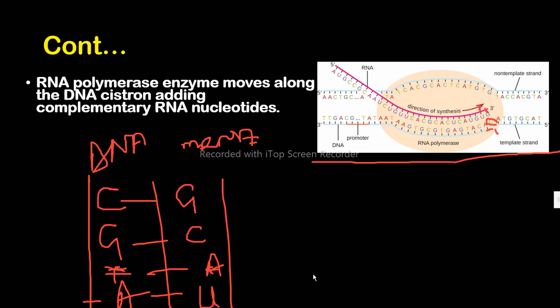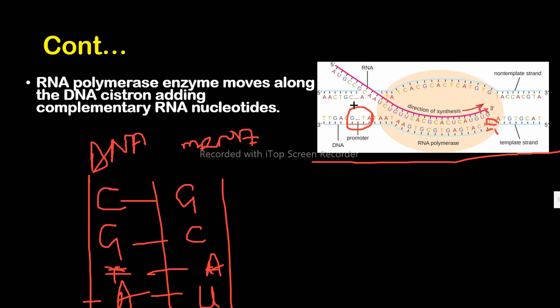Now within a gene, you have promoter regions. Those promoter regions are where the gene actually begins from. And you have non-sense regions, and you have regions where the gene ends.